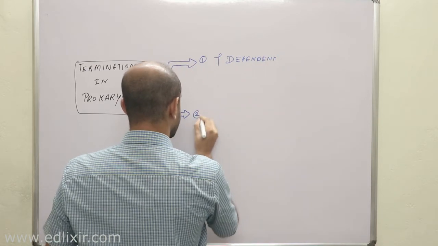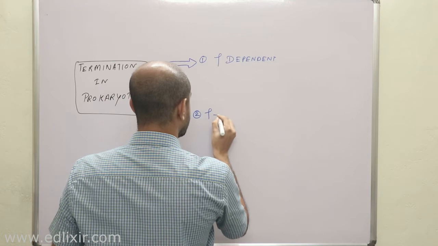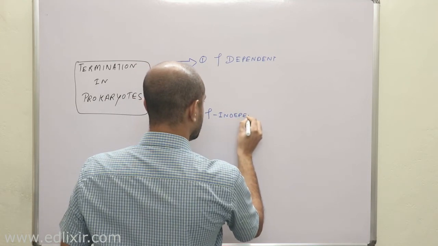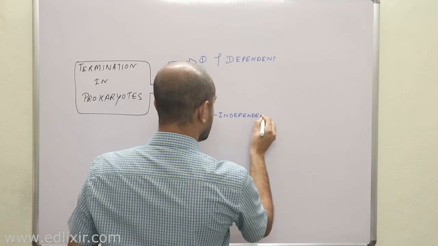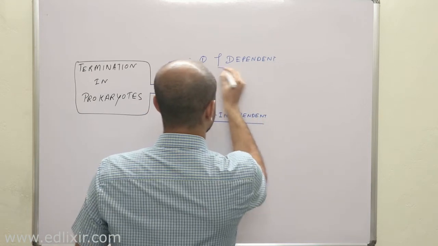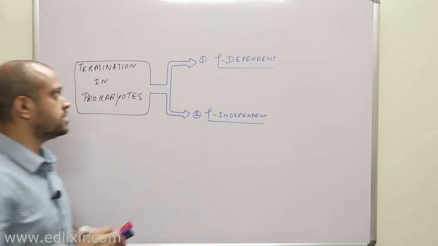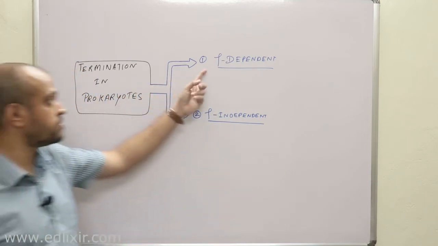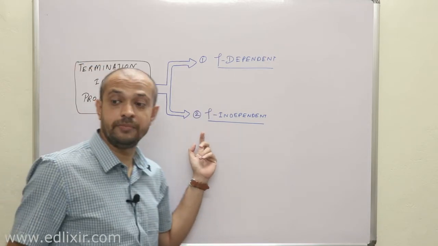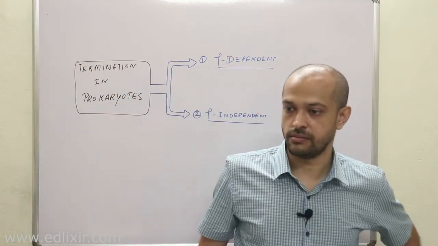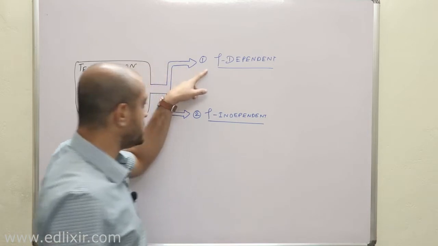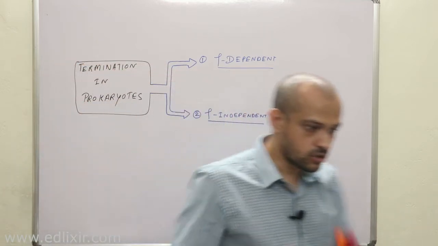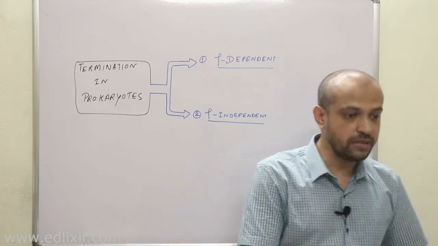Number two, Rho independent. Clear? So in prokaryotes, termination occurs with the help of Rho proteins, or it may be Rho independent as well. That means no Rho protein is required. So there are Rho dependent and Rho independent mechanisms.